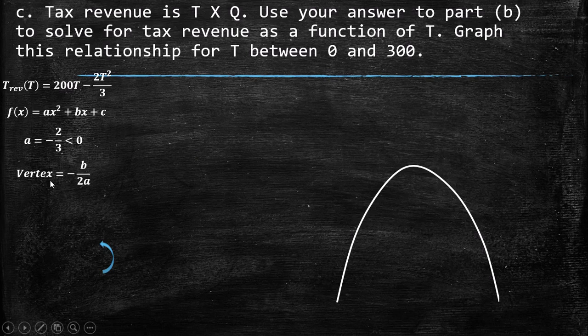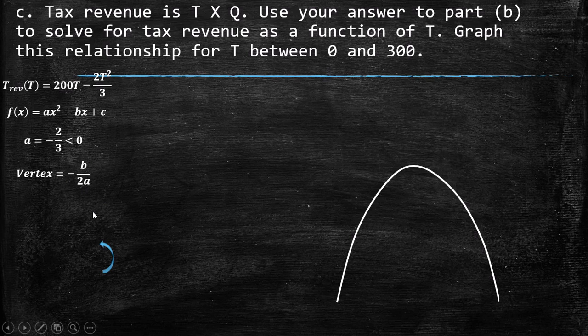So which is the vertex? The vertex for a concave function, or concave parabola, is going to be the maximum. You can do it with derivatives, with mathematics, but because this is principles of economics, we are just going to use the main tools that you really need for this solution. So the vertex is going to be minus b over 2a.